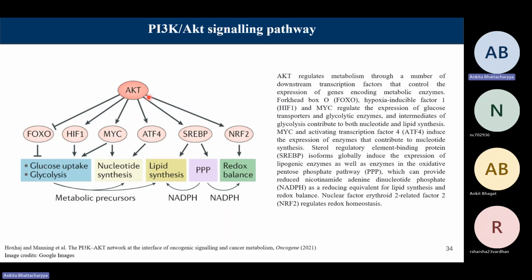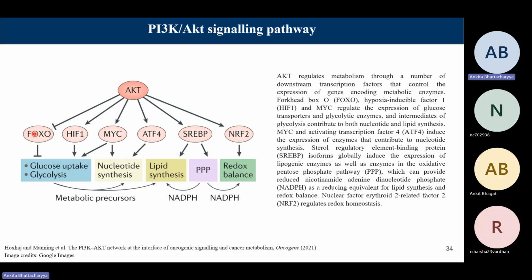But what you see here shows you the ways in which AKT is controlling metabolism within the cell, and that involves the role of several transcription factors, starting off with HIF1, MYC, ATF4, SREBP, NRF2, FOXO, etc. However, keep in mind that different types of TFs can have different regulatory actions.